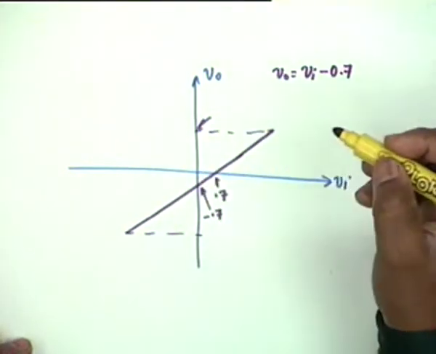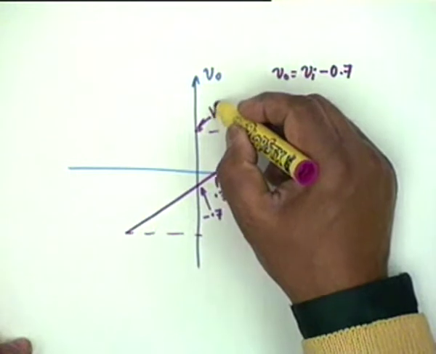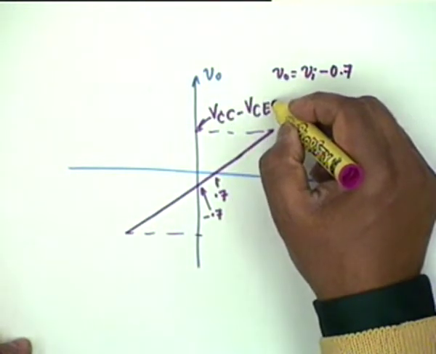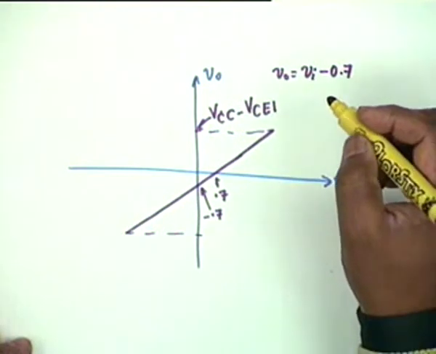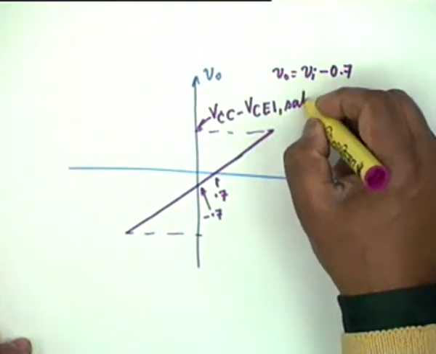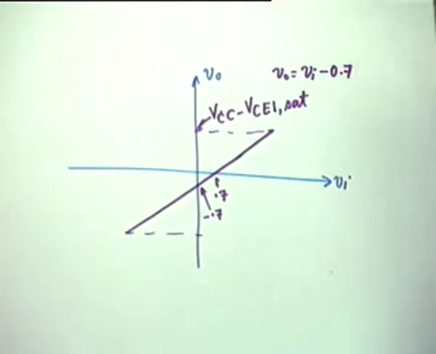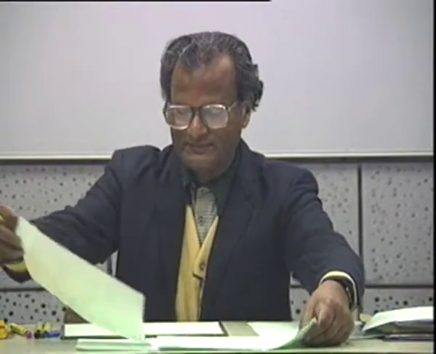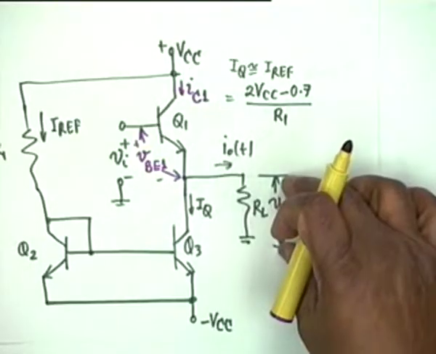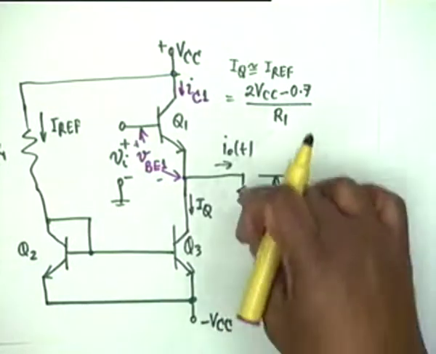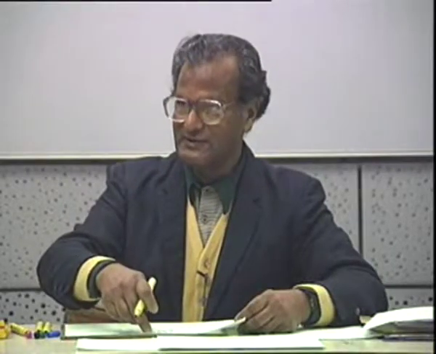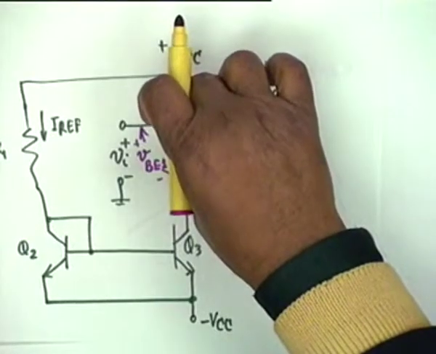What is the maximum that is permitted? VCC minus VCE1 set. There is a reason why I am saying VCE1. Let's look at the circuit. The maximum that can happen on the positive side is plus VCC minus the voltage drop here.